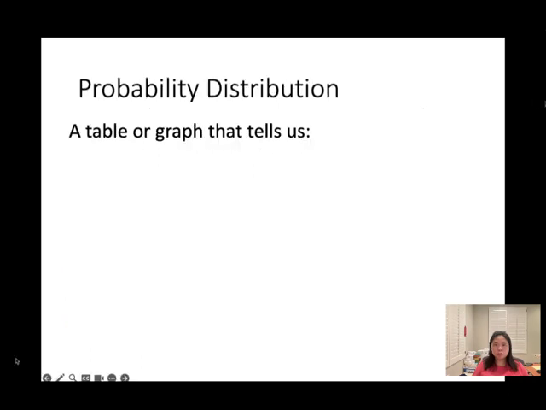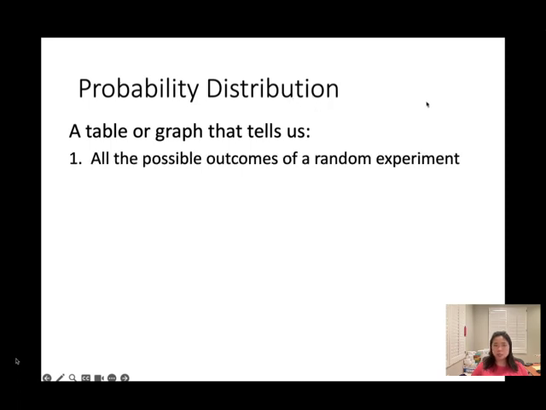Okay, probability distribution: a table or graph that tells us. Remember the word distribution, we learned the frequency distribution. Usually when you have a distribution, we'll be using a table or graph to represent it. What is a probability distribution? It lists all the possible outcomes of a random experiment.